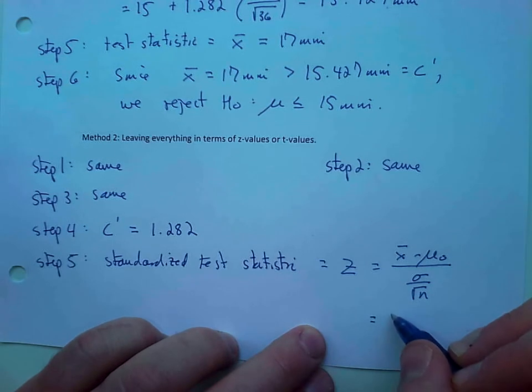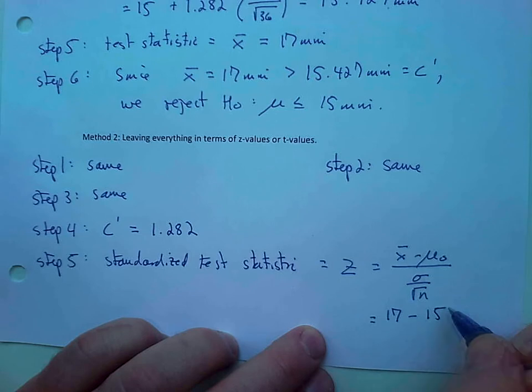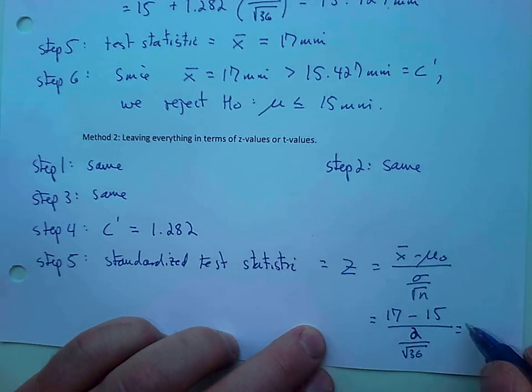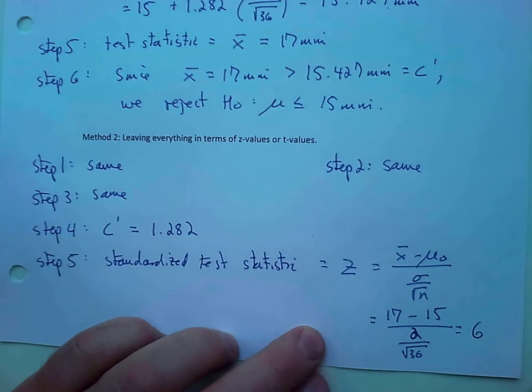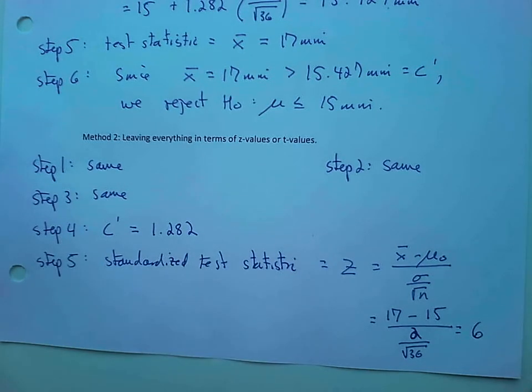If we plug in values, x bar was 17 minutes, our hypothesized value is 15 minutes, sigma is 2 minutes, and our sample size was 36. If you do this arithmetic, our standardized test statistic comes out to 6. We have a z value of 6.